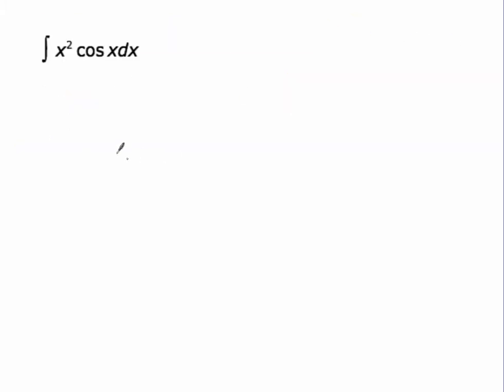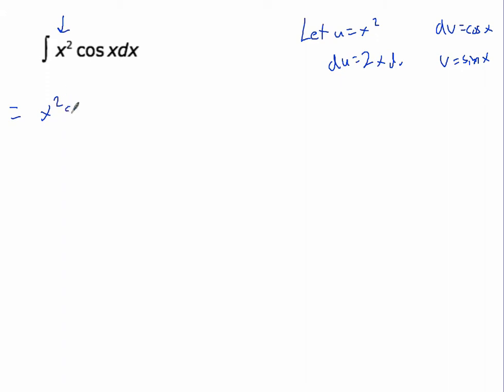Okay, let's look at this example. So again, you want to let u equal this one here, because after you differentiate twice, the x will disappear. So we'll let u equal x squared, then du equals 2x dx. We'll let dv equal cosine x, and the integral of cosine x is sine x. So this is always going to be uv, so that's x squared sine x, minus the integral of v du.